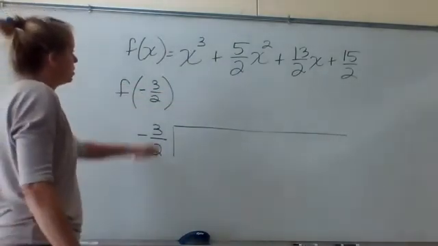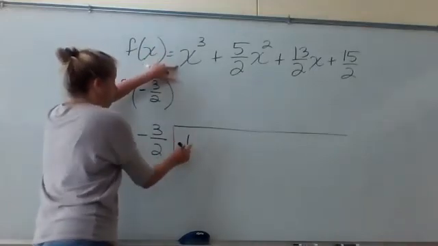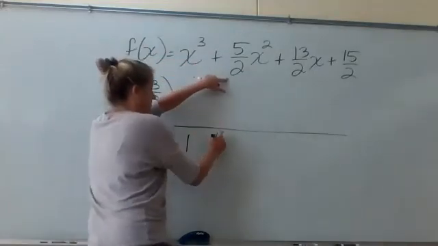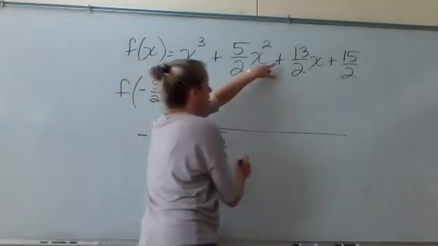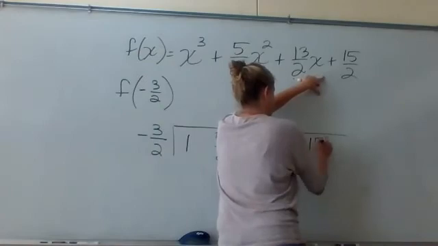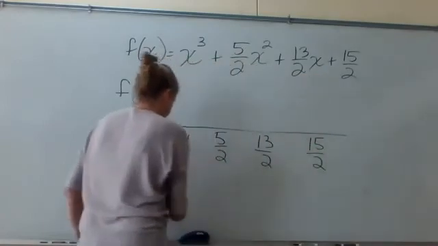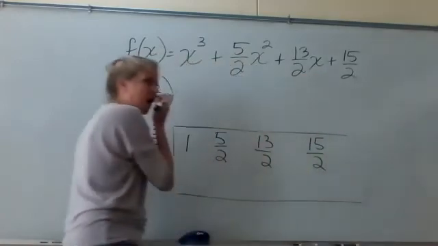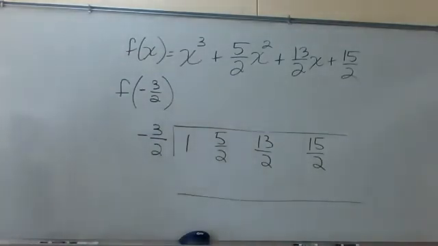Let's put in our coefficients. 1, 5 halves, 13 halves, and 15 halves. Drop straight down our 1.